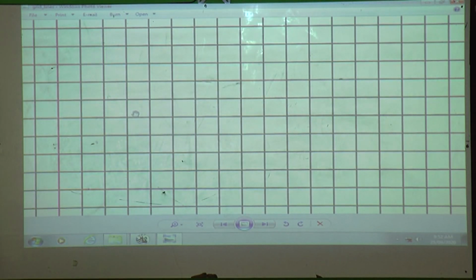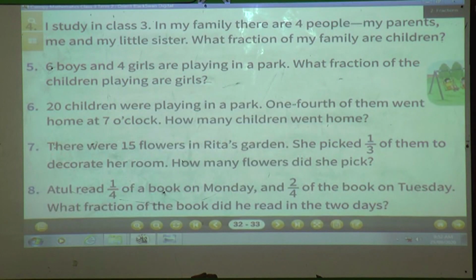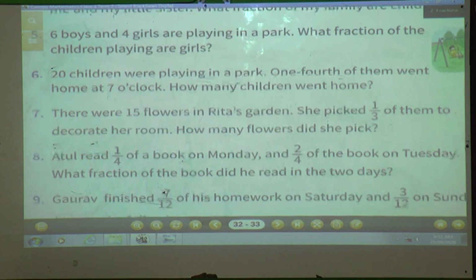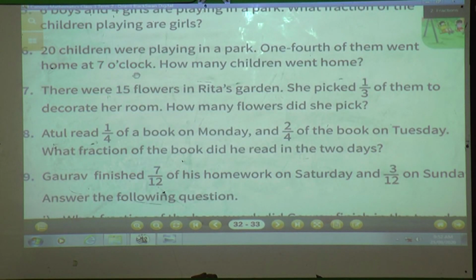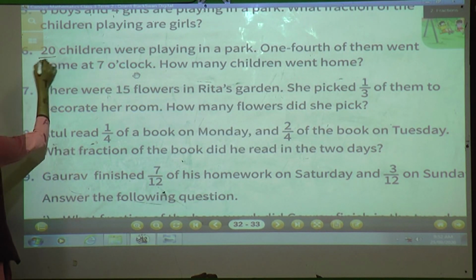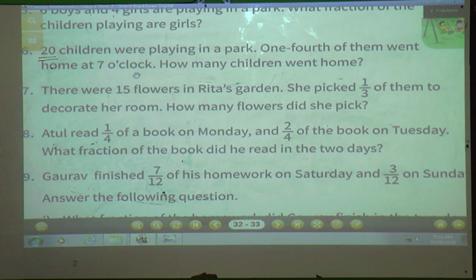Now we will see the next example, that is 6th number. Look at the board. Read the question. What is the question? 20 children were playing in a park. See here. How many children are there in a park? There are 20 children in a park. 1/4 of them went home at 7 o'clock.